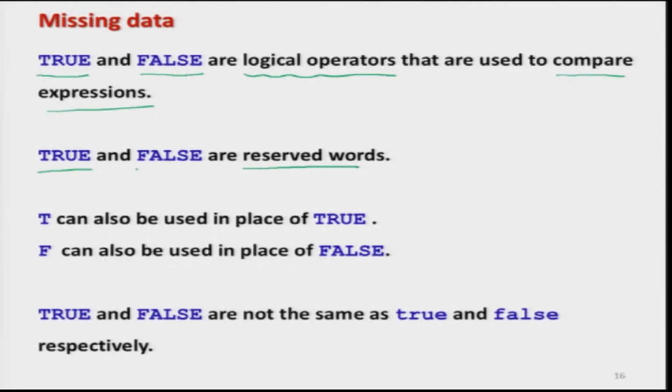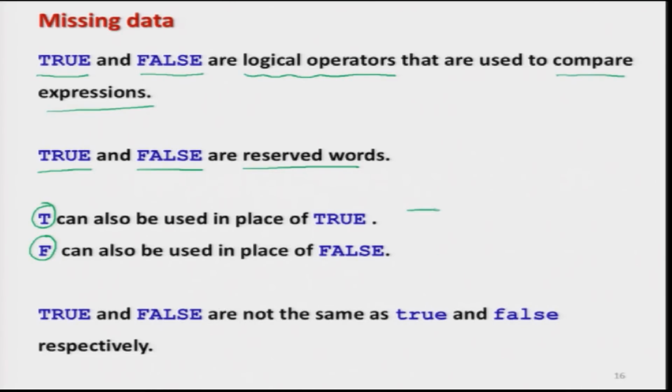Capital TRUE and capital FALSE are logical operators, and they are reserved words. As soon as you write capital T, R, U, E, R will automatically assume that you are going to use a logical operator. So you cannot use it to define a new variable from your side. That won't be acceptable. Also, instead of the entire word TRUE or FALSE, you can use just the first capital letter, T or F, to denote true and false respectively.